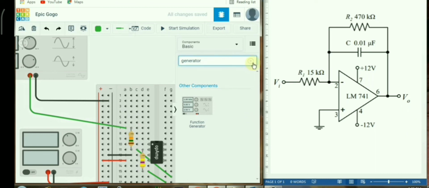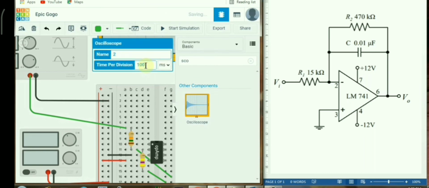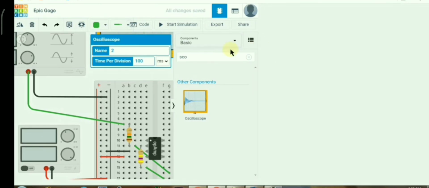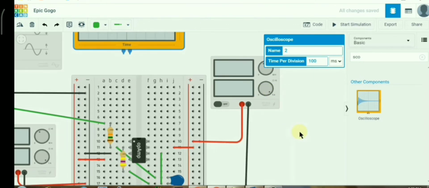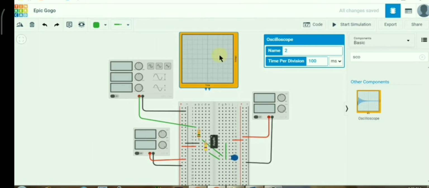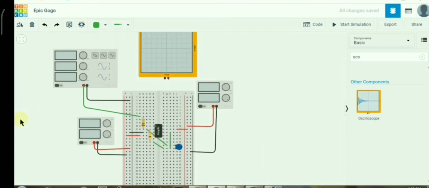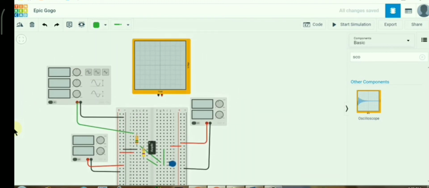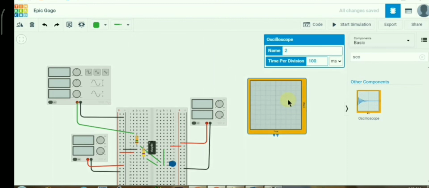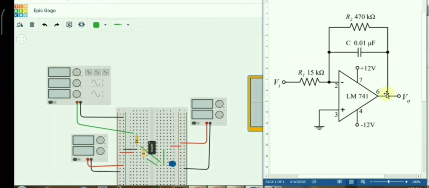Then at the output side, wire a scope for seeing the output waveform, as well as the input waveform also required to see. So two different scopes we select here for the input as well as the output.